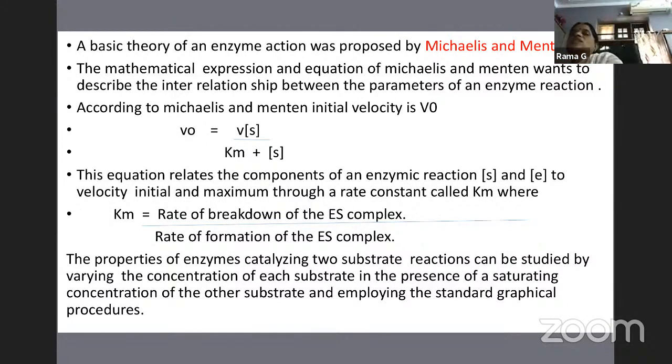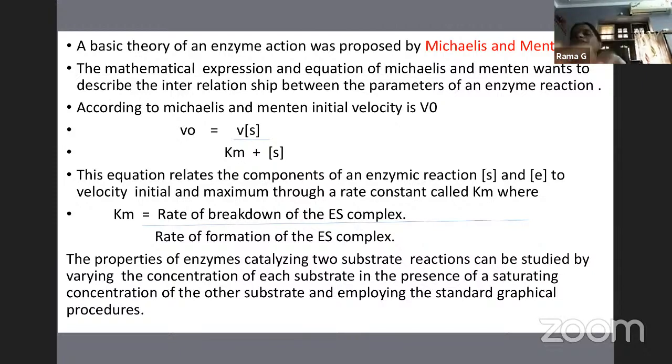And this equation relates the components of an enzyme reaction, the initial and maximum velocity, through a rate constant called Km, where Km is equal to the rate of breakdown of the ES complex over the rate of formation of the ES complex.